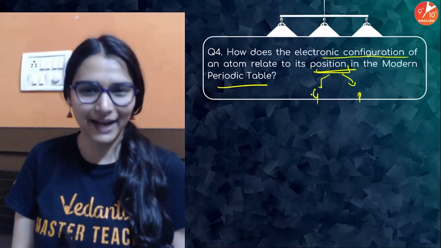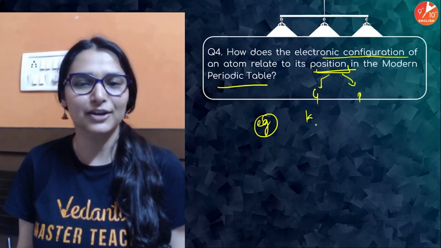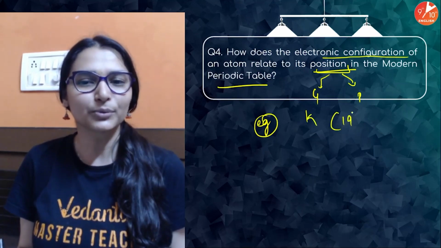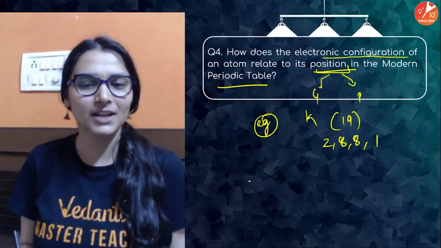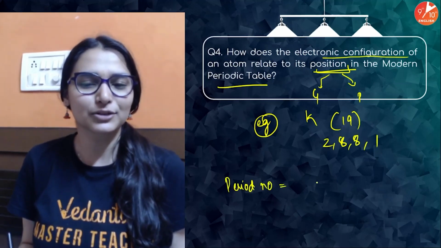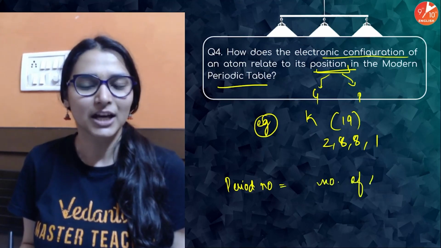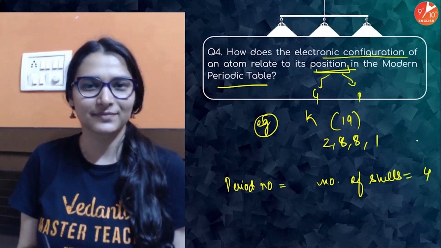Okay, so write the configuration. Let's take the example of potassium. Potassium has atomic number 19, configuration 2, 8, 8, 1. I want to know the period. It is simple. Period number is equal to the number of shells in an atom. So if you know the number of shells, you know the period number: 4.